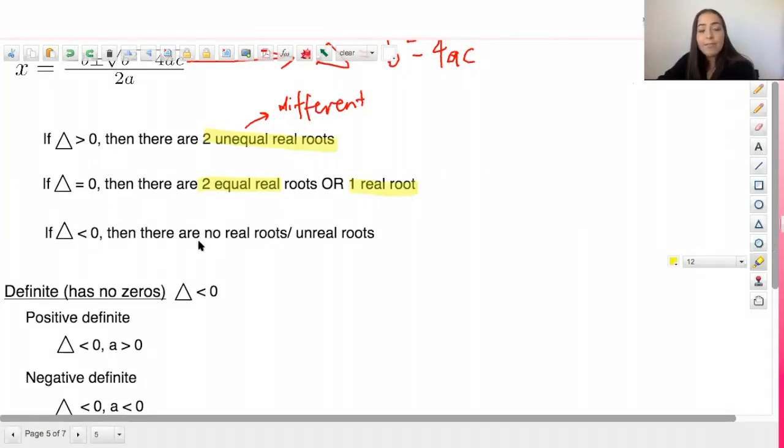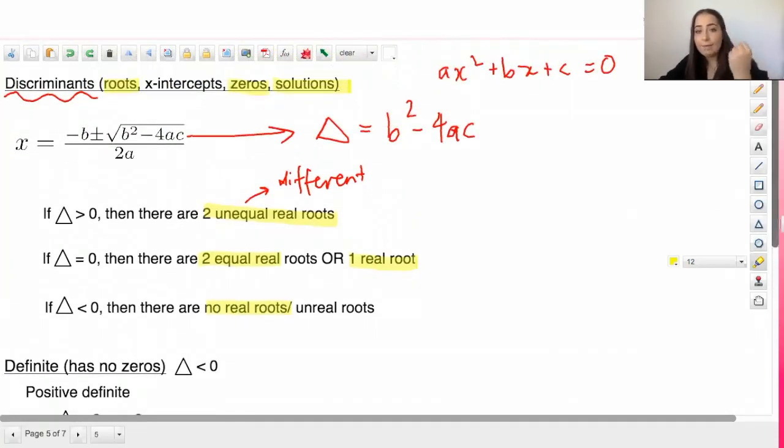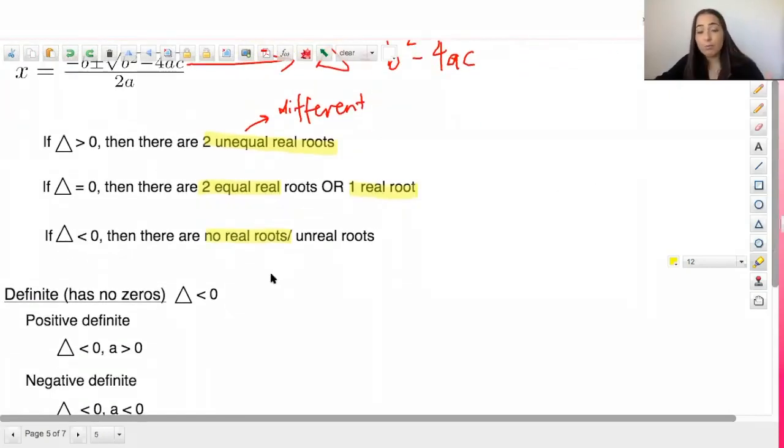And then finally, if the discriminant is negative, then you have no real roots. The reason for this, if you think about it logically, is that if your discriminant is a negative number, then the number under the square root is negative. And we know that a number under the square root being negative doesn't exist, which is why you don't have any real roots if your discriminant is negative.